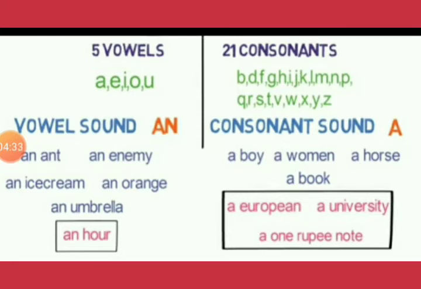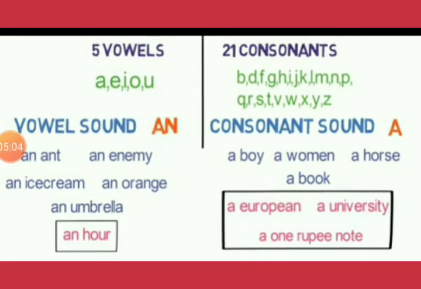Okay. In the same way, let us look at consonant sounds. A boy, a woman, a horse, a book, a European, a university, a one rupee note. A European: E is a vowel, but it sounds like a consonant.